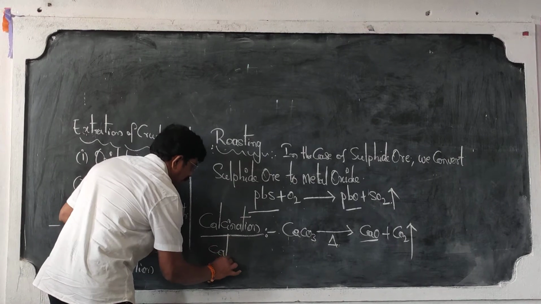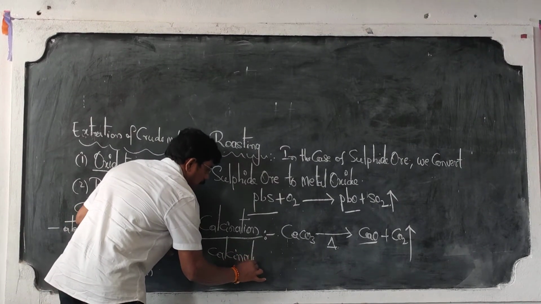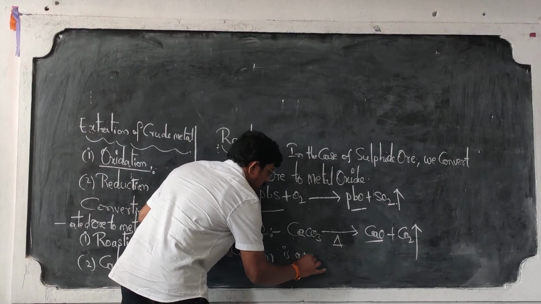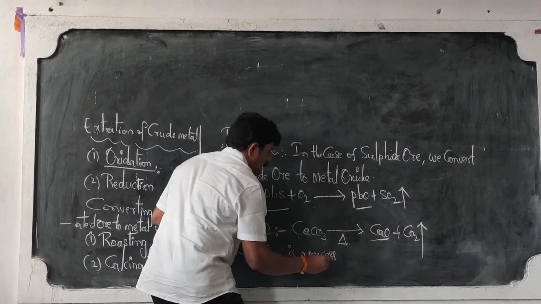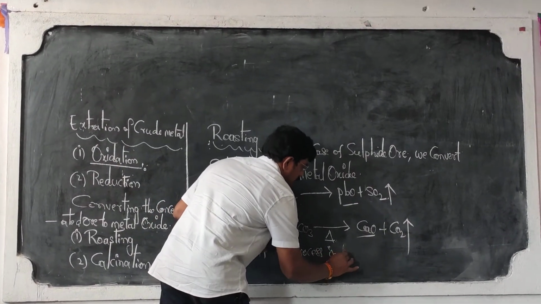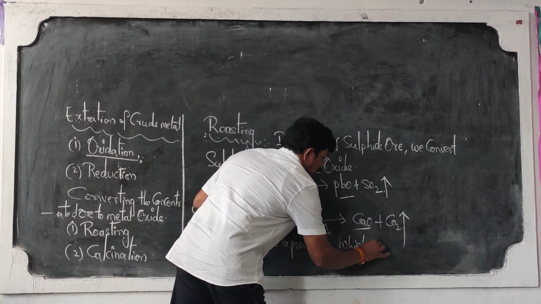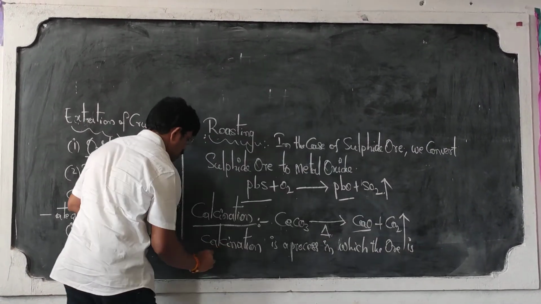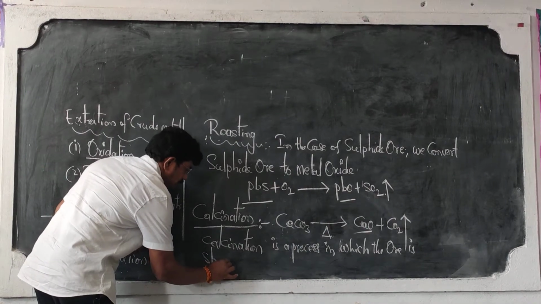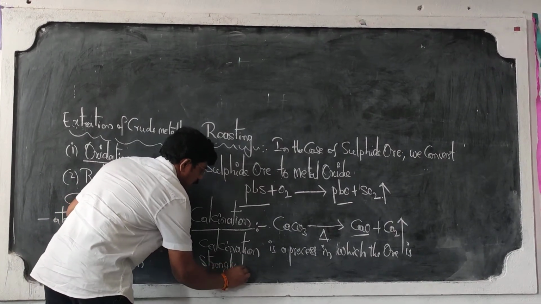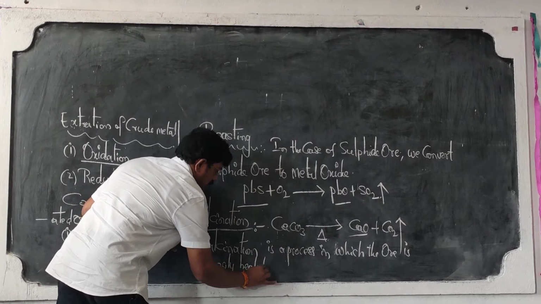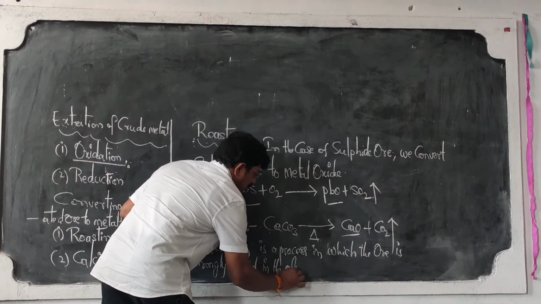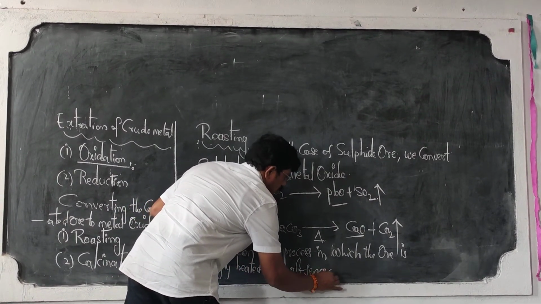Calcination is a pyrochemical process in which the ore is strongly heated in the absence of air.